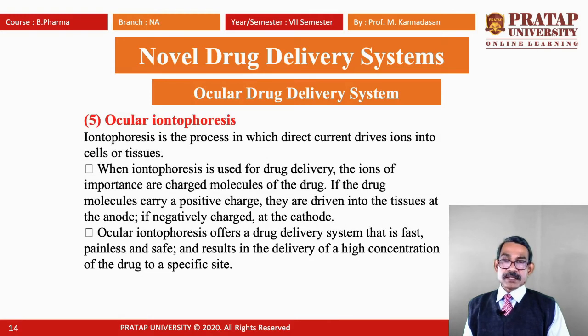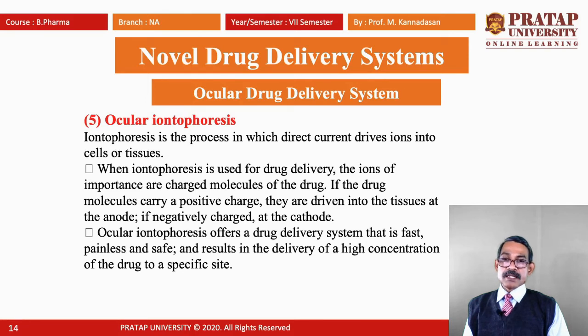Ocular iontophoresis, another very common example in the controlled release systems of ophthalmic delivery. Iontophoresis is the process in which a direct current drives ions into cells or tissues, using electrical current from the system.